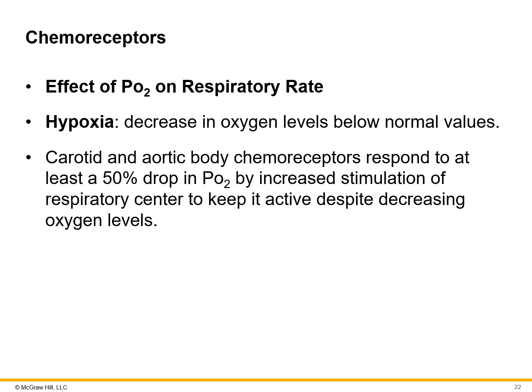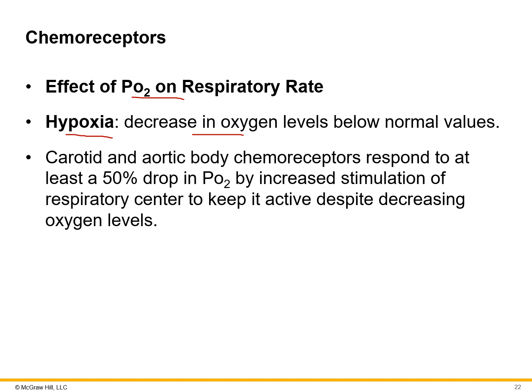Now the chemoreceptors, again, thinking about that dorsal center, so the effects of the partial pressure. So first of all, whenever we have hypoxia, this is a decrease in oxygen level. So it's whenever it's below, so hypo meaning low.